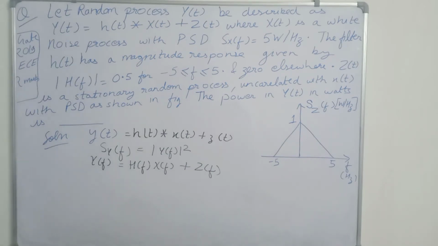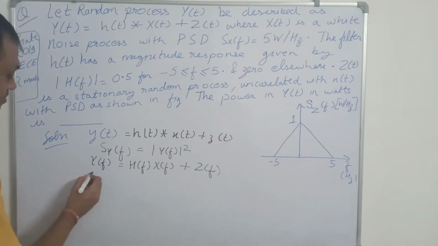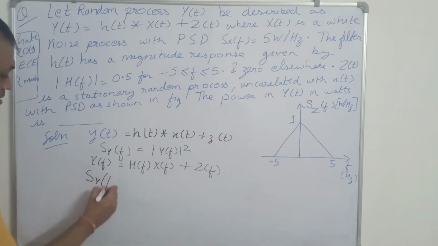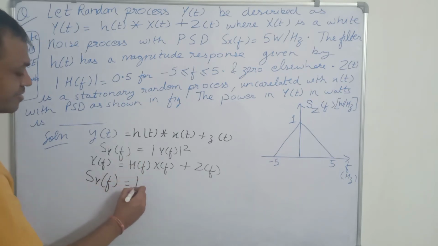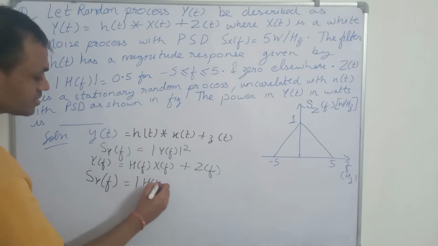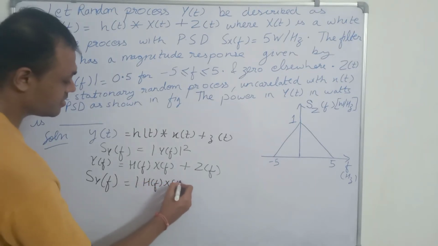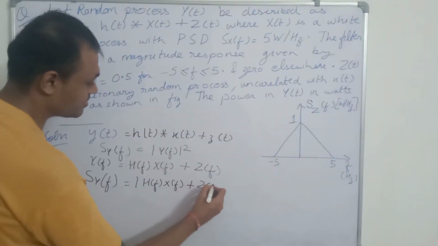This is the transfer for y in frequency domain. Now Sy of f will be equal to the square of this function, mod h of f, x of f plus z of f, square.